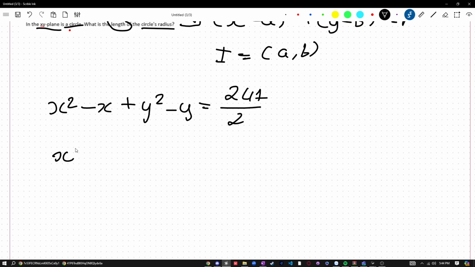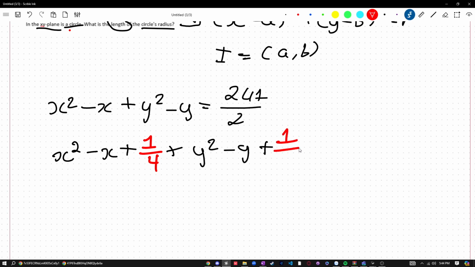So I will demonstrate it right now. x squared minus x plus 1 over 4, plus y squared minus y plus 1 over 4 is essentially equal to, so you can see that we add 1 over 4 and 1 over 4 into both sides, so we also have to add 1 over 4 two times over here.